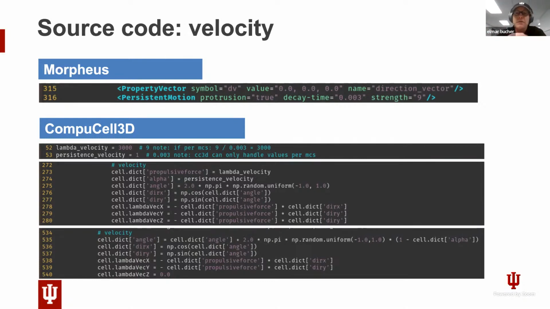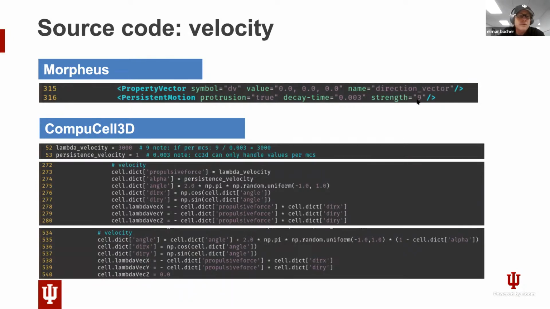And pressure was going really into the thousands. It was because we didn't implement this persistent motion the right way. In Morpheus, they have no direction, so it's Brownian motion, totally random, and they have a decay time of 0.03 Monte Carlo steps, and the strength of this motion is set to 9.